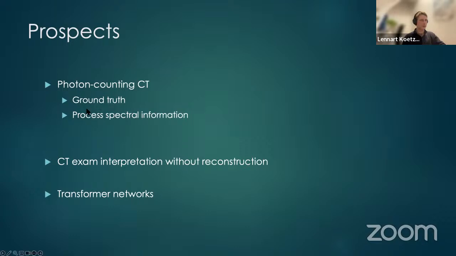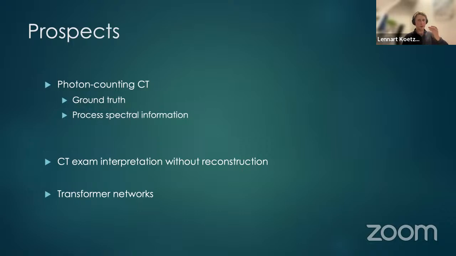Because with spectral CT, we're acquiring more data, since we also have to capture spectral data. And this spectral data has to be processed into clinically meaningful images.